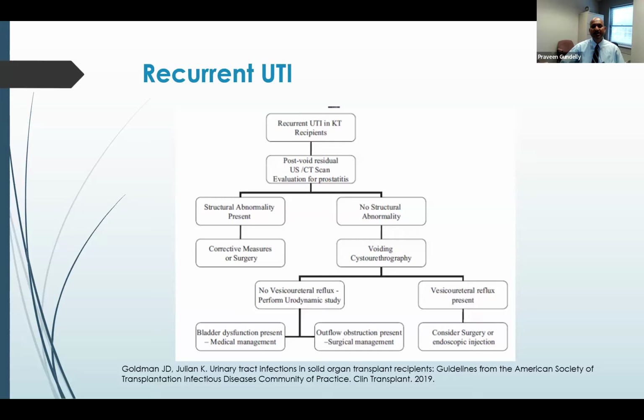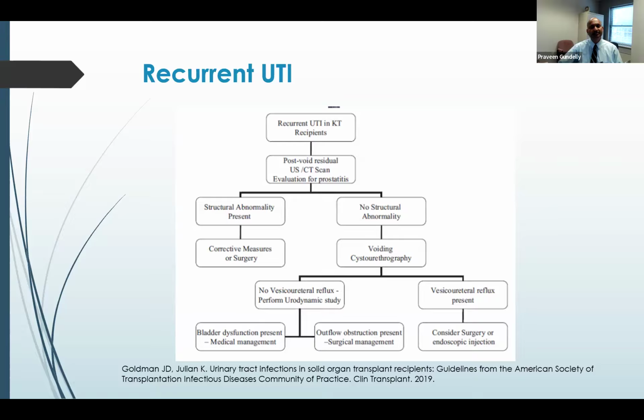If there are no structural abnormalities, voiding cystourethrogram has been recommended. Not all the institutions perform this test routinely because the interventions we can do for this abnormality are very limited. Because if someone has vesicoureteral reflux present, surgery has been recommended.